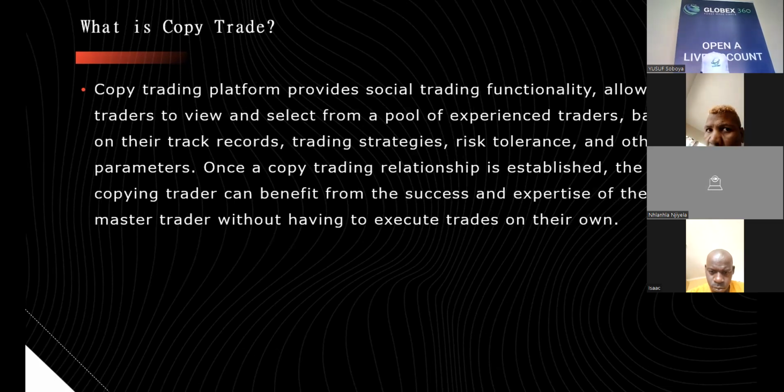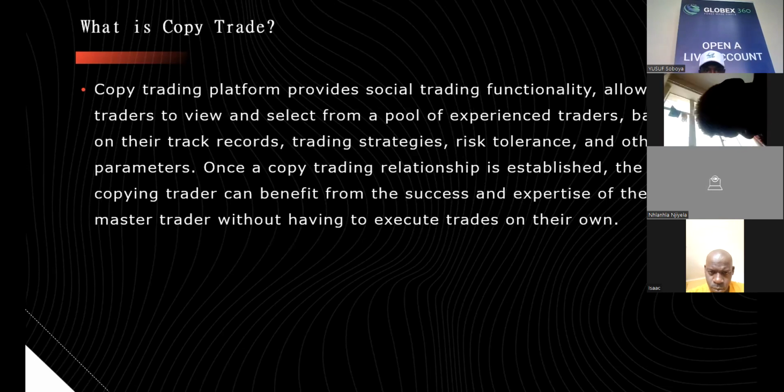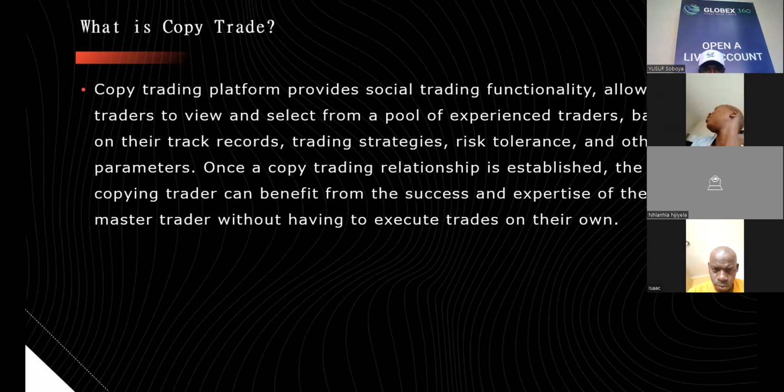Then, a copy trading platform provides social trading functionality, allowing traders to view and select from a pool of experienced traders based on their track records, trading strategies, risk tolerance, and other parameters.